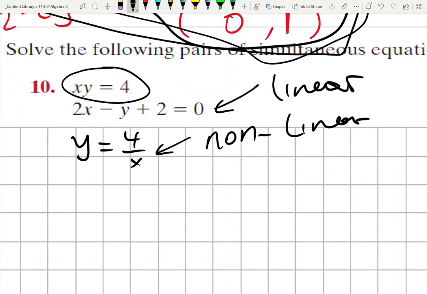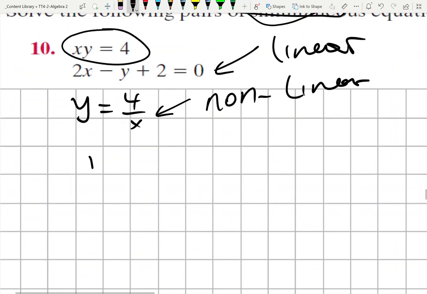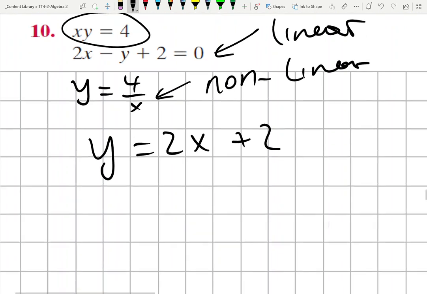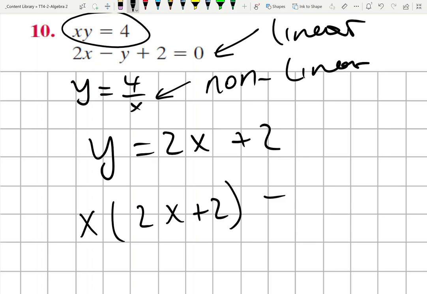So we have y equals 2x plus 2. And into the non-linear, which is x times 2x plus 2 equals 4. Okay, that's a quadratic, but it's not in standard form, so we'll expand.